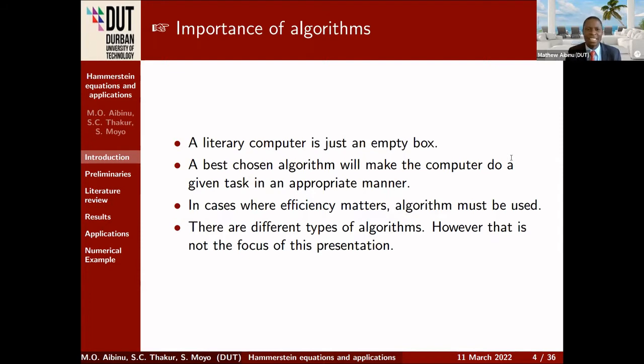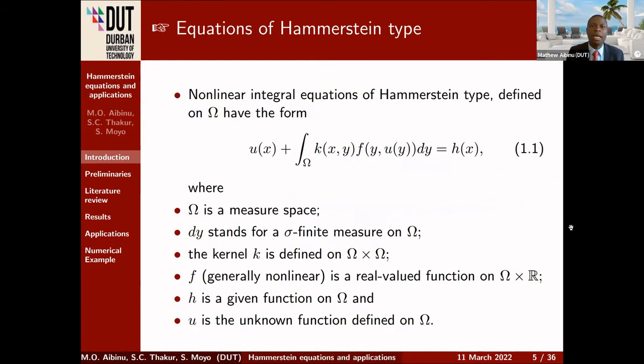In cases where efficiency matters, it is an algorithm that needs to be used. There are different types of algorithm. However, that is not the focus of this presentation, where we will be talking about the equation of Hammerstein type.